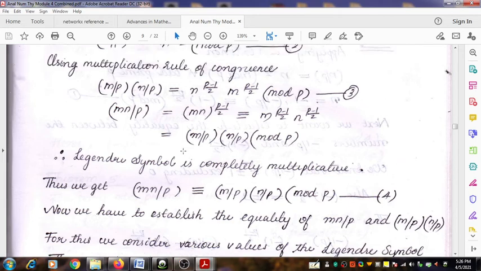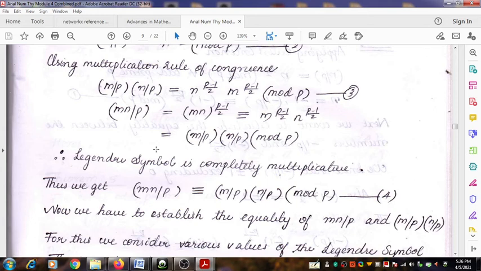We have just proved that (mn/p) is congruent to (m/p) into (n/p) mod p, and this is not a step where you can conclude that the Legendre symbol function is completely multiplicative. You need to show some more facts about the last expression that we have derived.